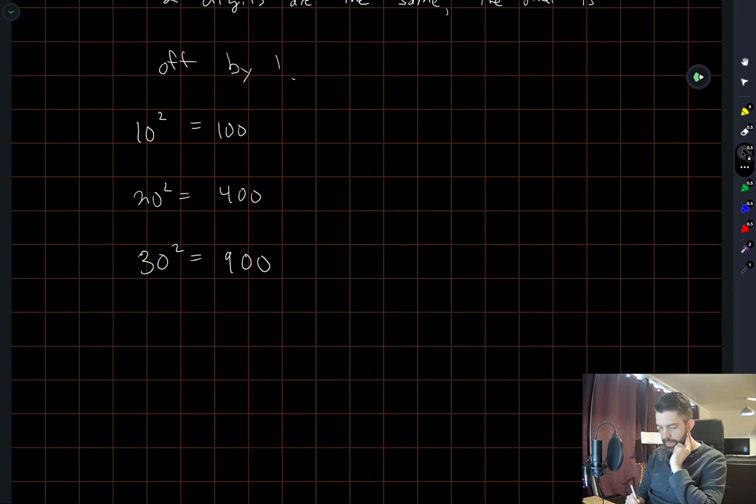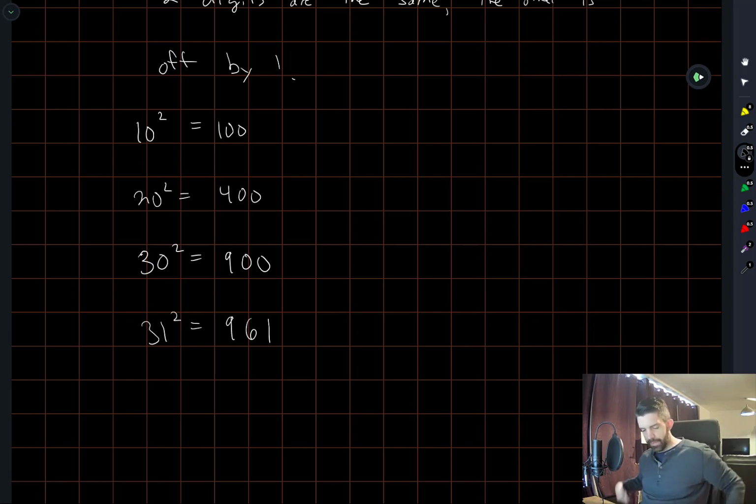It'll be 961. So there's not even that many 3-digit squares. Although I want to do something perhaps a little bit more clever than brute forcing this.